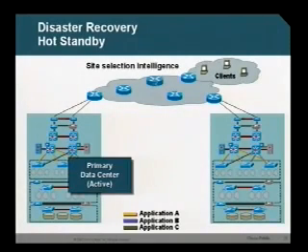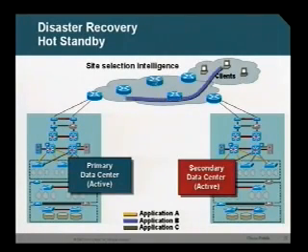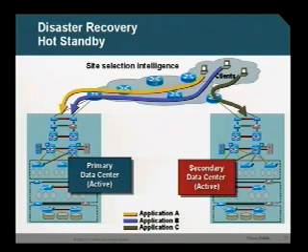Hot standby, both our data centers are active. So in this example, we have application A and application B hosted on the primary data center and application C hosted on the secondary data center.